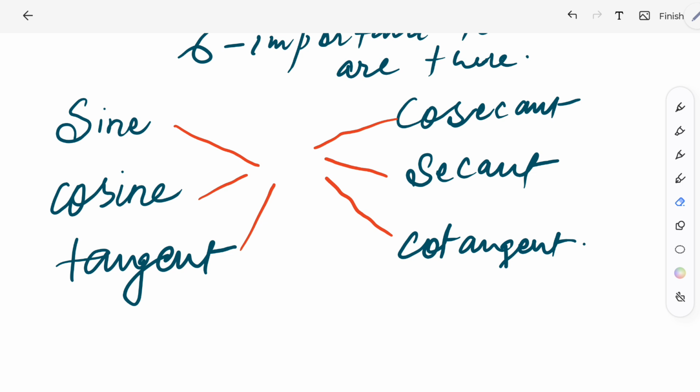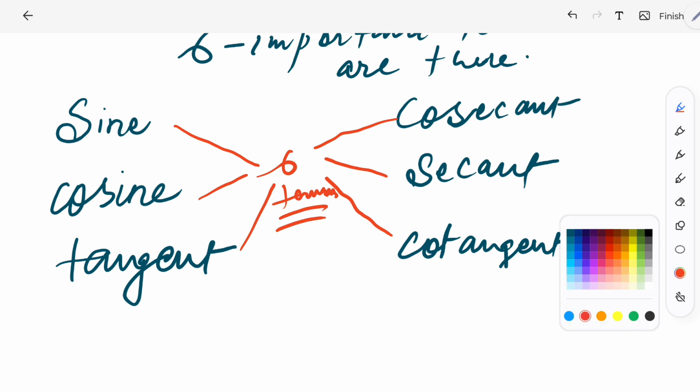So these are the six terms, and all of them can be defined one by one. We will use the short forms only. Now, what are the short forms?